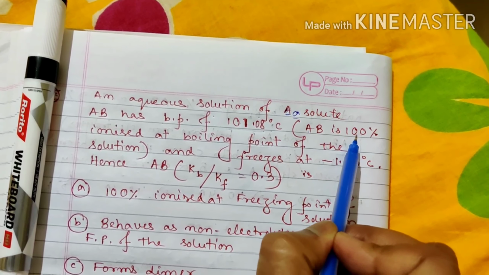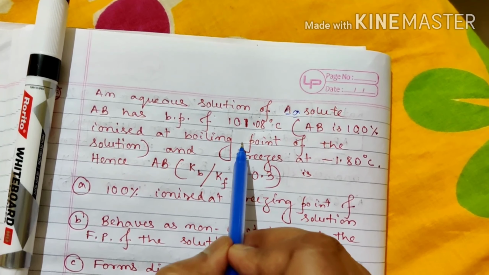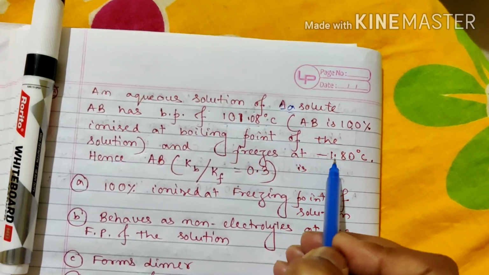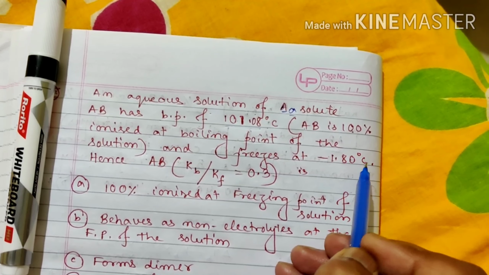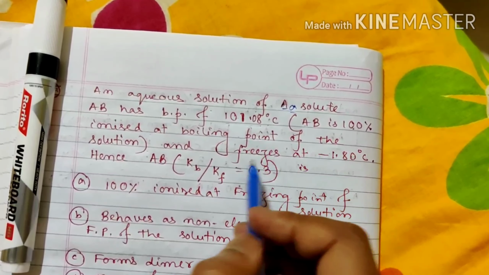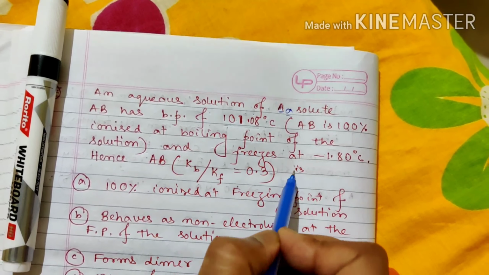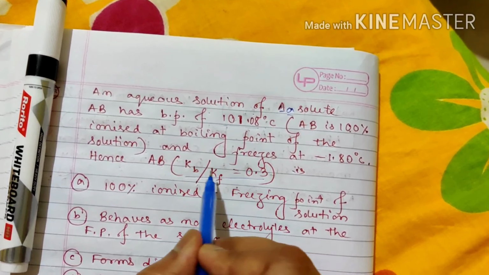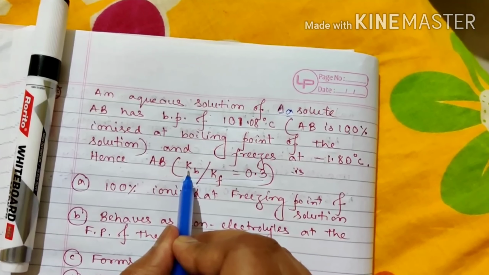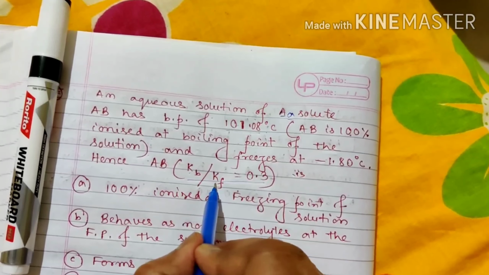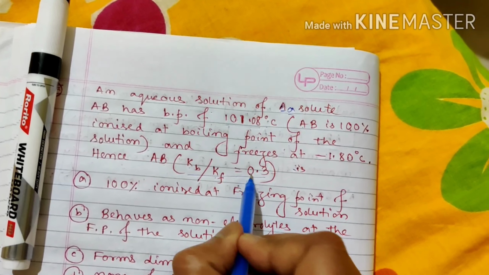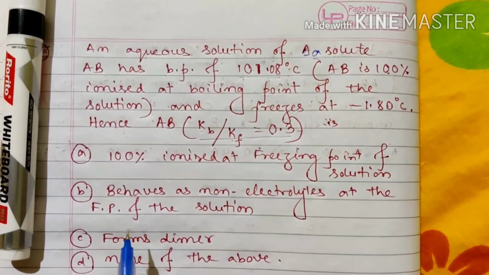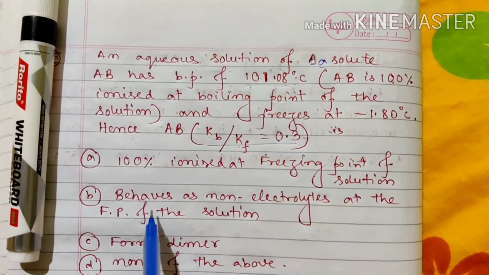AB is 100% ionized at the boiling point of the solution and freezes at minus 1.80 degree Celsius. Hence, AB is, 4 options are given, and Kb by Kf, that is molal boiling point elevation constant and freezing point depression constant, their ratio is 0.3. Very, very important information. You pause the video, write it down, write down the options also.